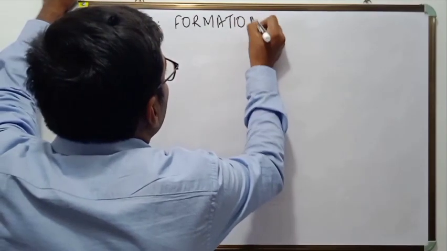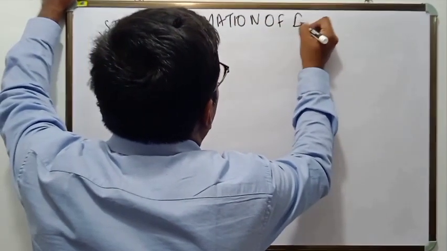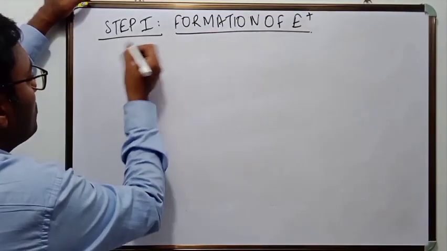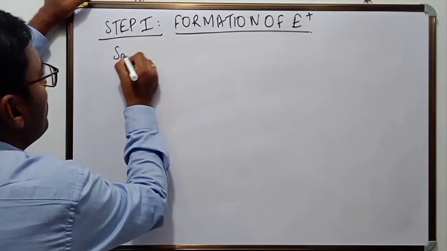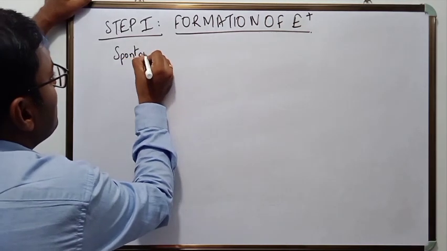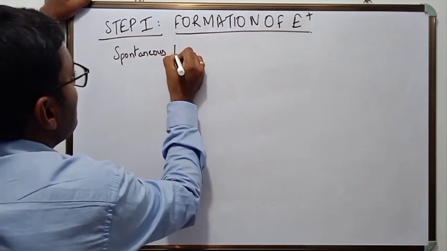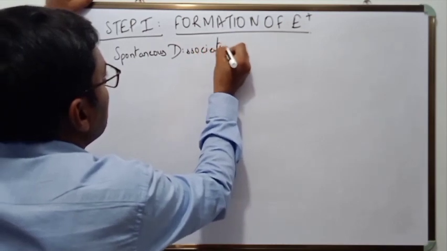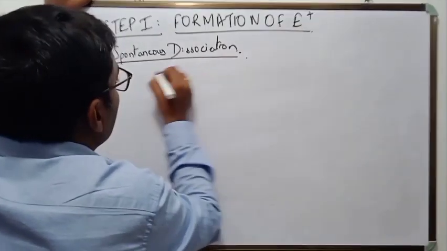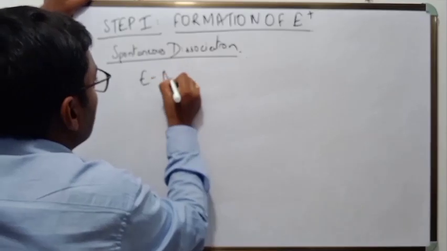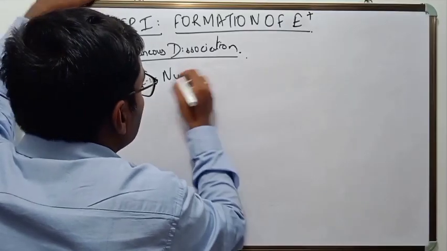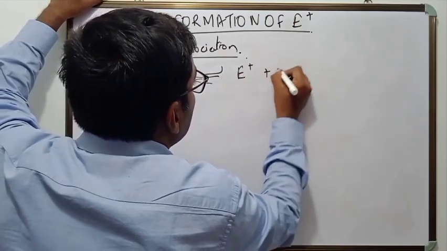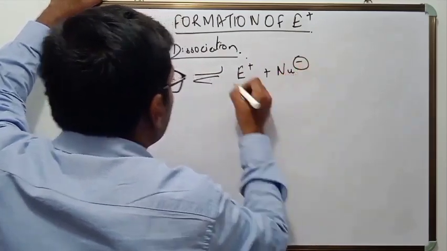Formation of electrophile. Formation of E plus. How can it be formed? There are 2 ways. The first is spontaneous dissociation. In this, an unsymmetric reagent can dissociate into E plus and Nu minus.